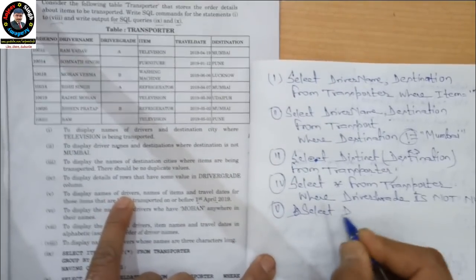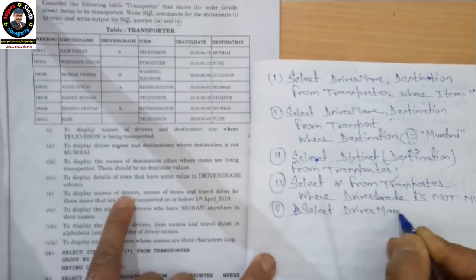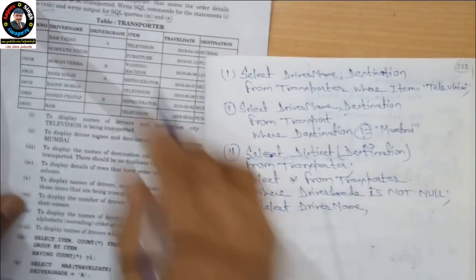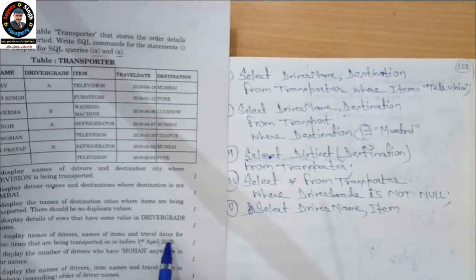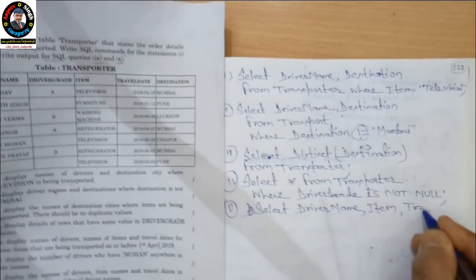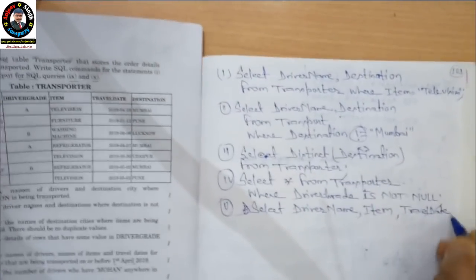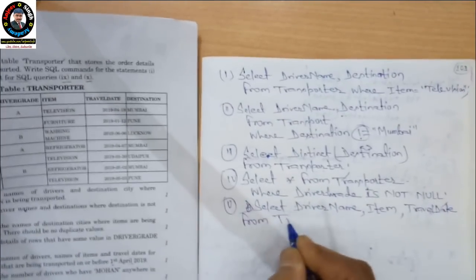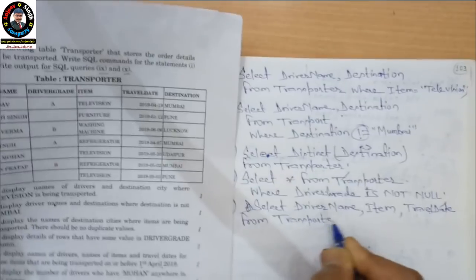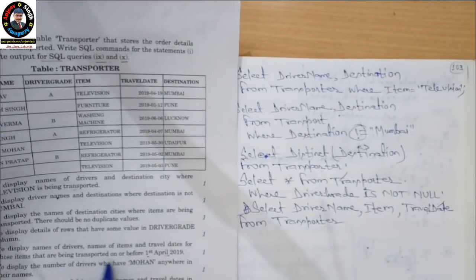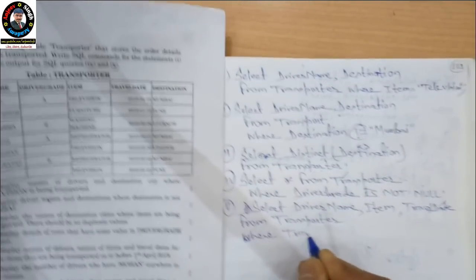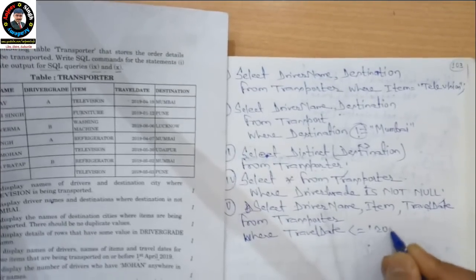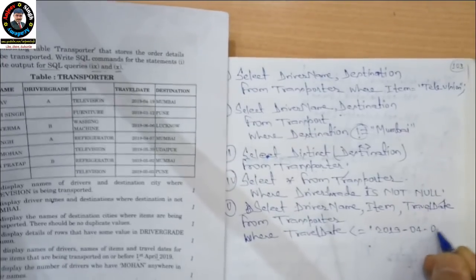Select driver name, item, comma, travel date from transporter, and the condition is that being transported means travel date where travel date less than or equal to 1st April 2019, that is 2019-04-01.